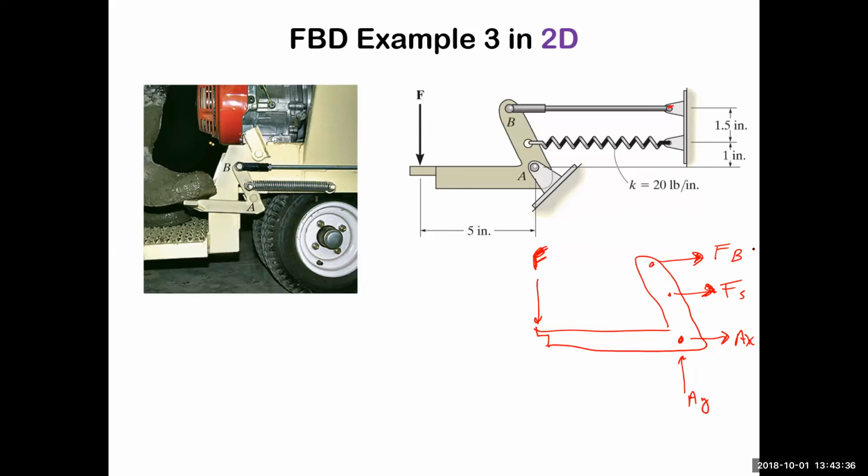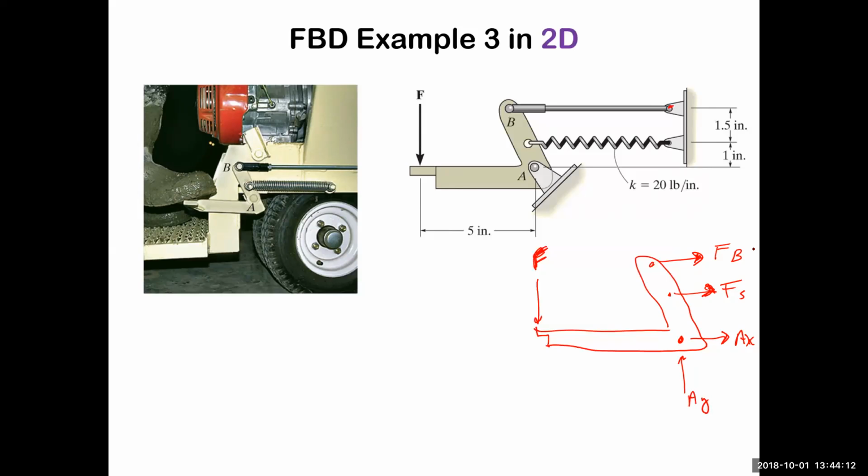Now, all these horizontal forces are going in the same direction, so they can't all be positive. One of those is going to have to be pointing in the other direction. And you don't have to worry about the sign of these things. You're going to find when you do the calculations, one of them will be negative, and that's fine. Once you get good at doing this a few times, you might be able to intuit that AX is pointing in the opposite direction.